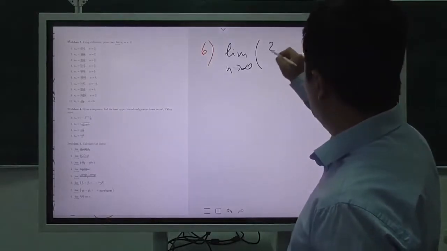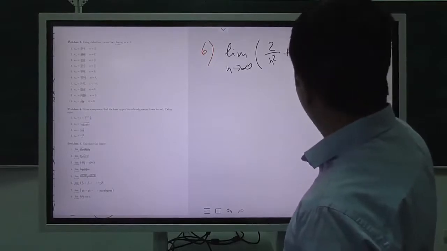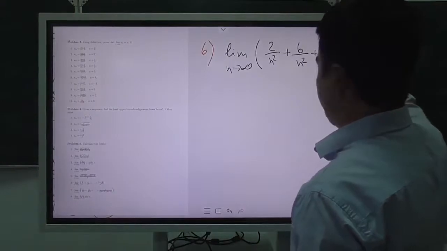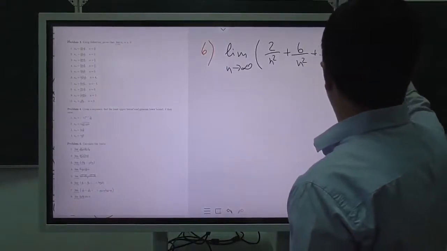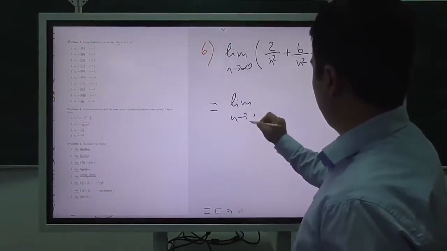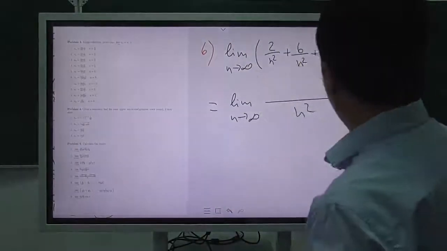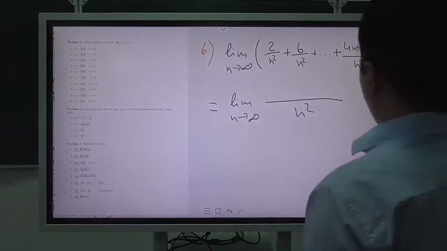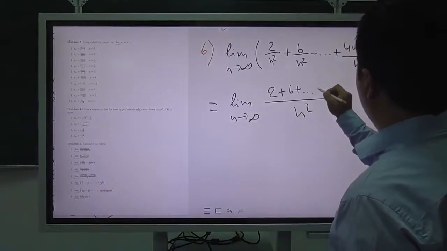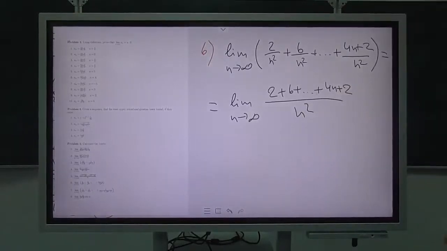The sum 2 over n squared plus 6 over n squared plus etc. The general term is 4n plus 2 over n squared. In the denominator we have n squared, they have common denominators. So in the numerator we have 2 plus 6 plus ... plus 4n plus 2.